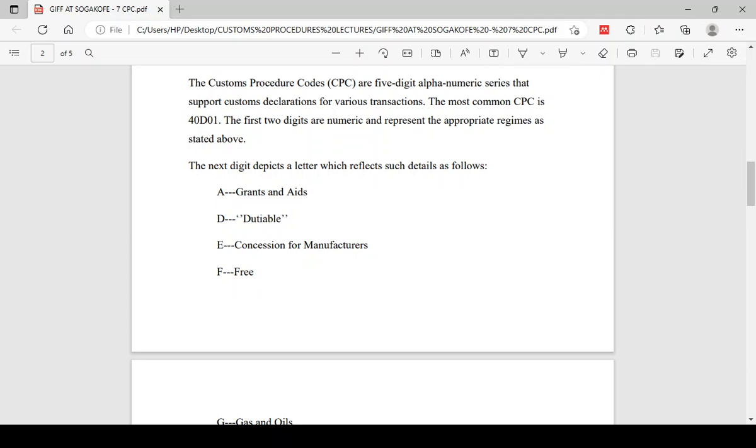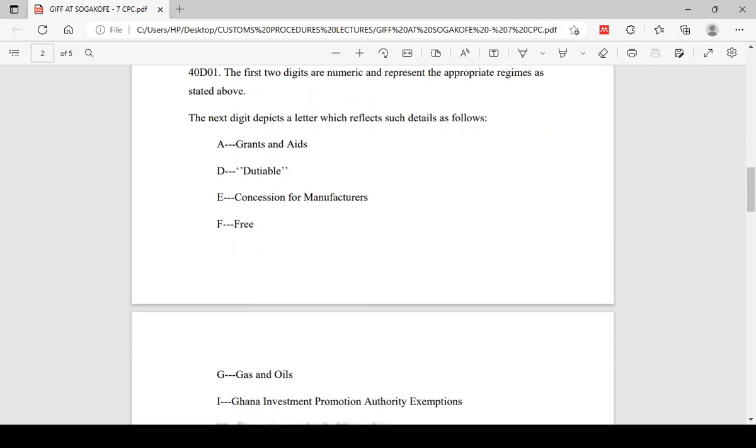So customs regime codes are two digits only, but customs procedure codes are 5 alphanumeric. Two digits, the middle is always a letter, then two digits close, but the letter signals what that specific intention or transaction of the trading public is. It's very, very important.